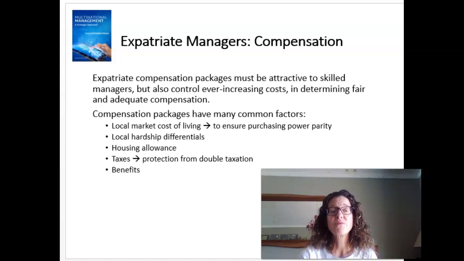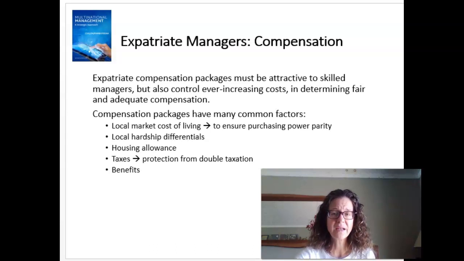Some locations represent hardship in terms of harsh climate, or risk in terms of physical risk as a result of environmental causes, pollution, earthquakes, or political unrest.